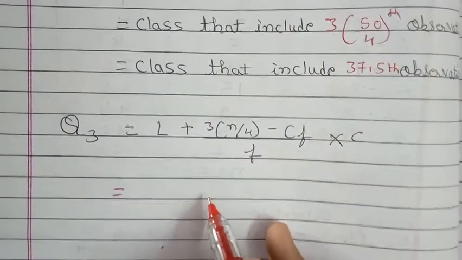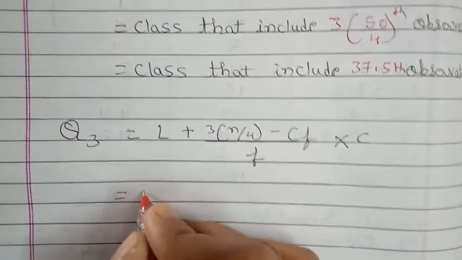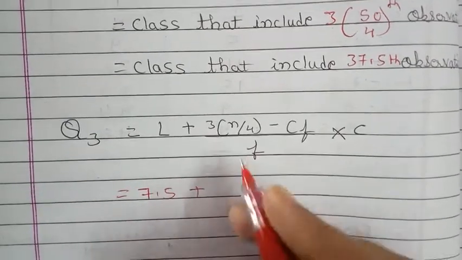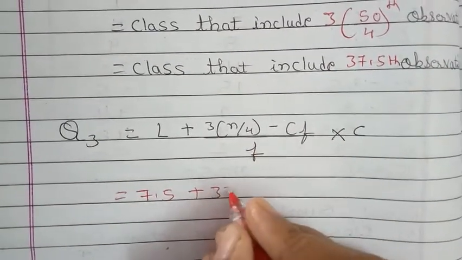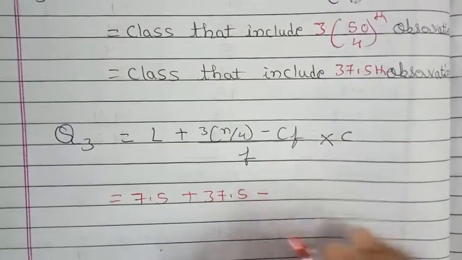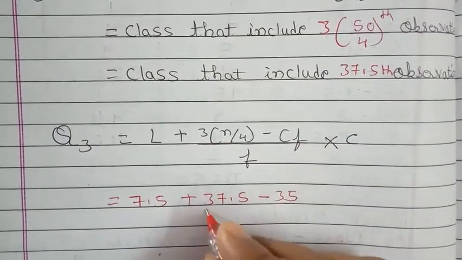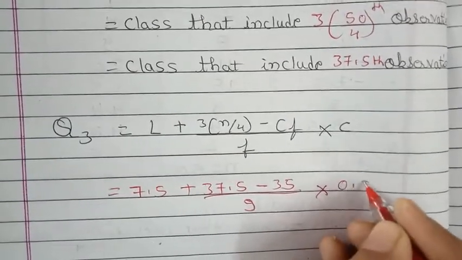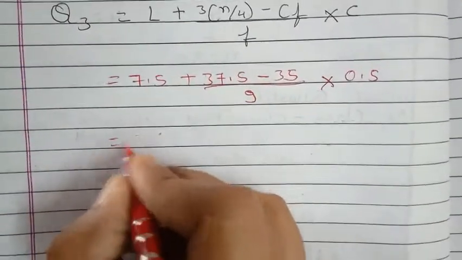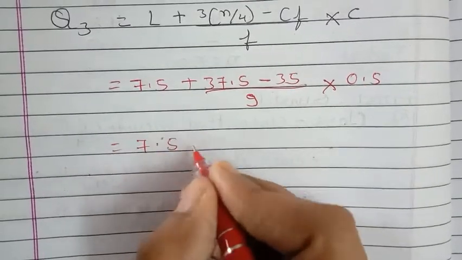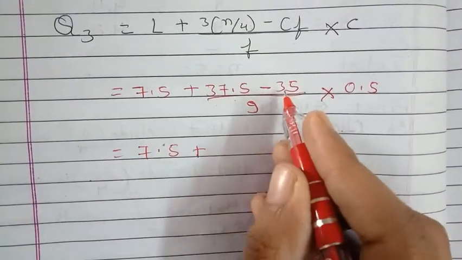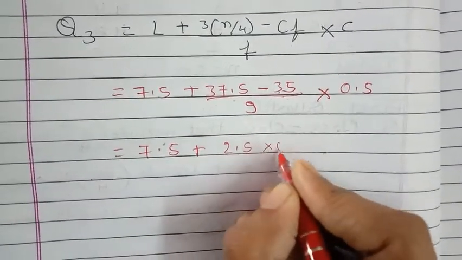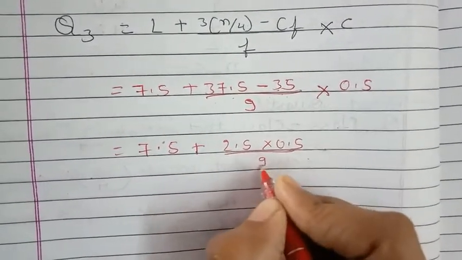Now we'll put all the things in our formula. Our L was 7.5 plus 3n by 4 is 37.5 minus CFI was 35 upon frequency is 9, C is 0.5. So 7.5 plus 37.5 minus 35 is 2.5. 2.5 into 0.5 divided by 9.